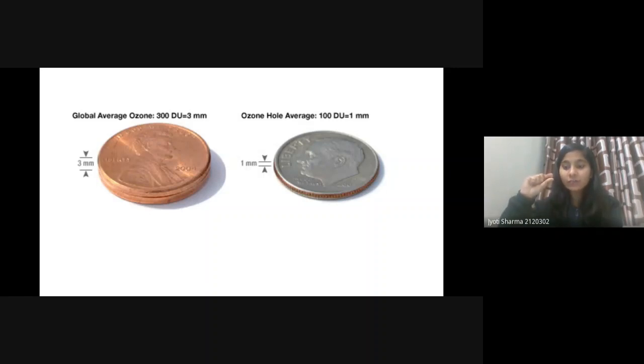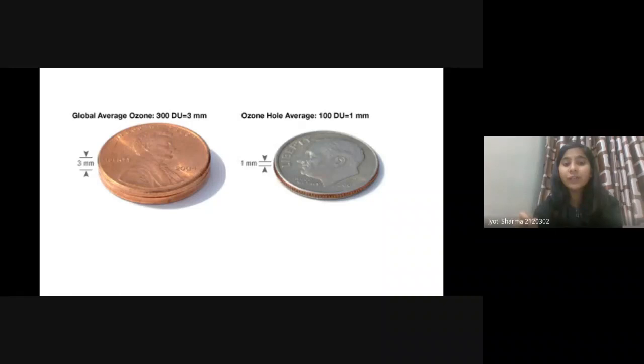That much thickness of ozone we have in the stratosphere at STP, that is the standard pressure and temperature. So this is again the question, what is the global average ozone we have in our atmosphere. It is 3 mm, or we can say 300 DU, that is the Dobson unit.